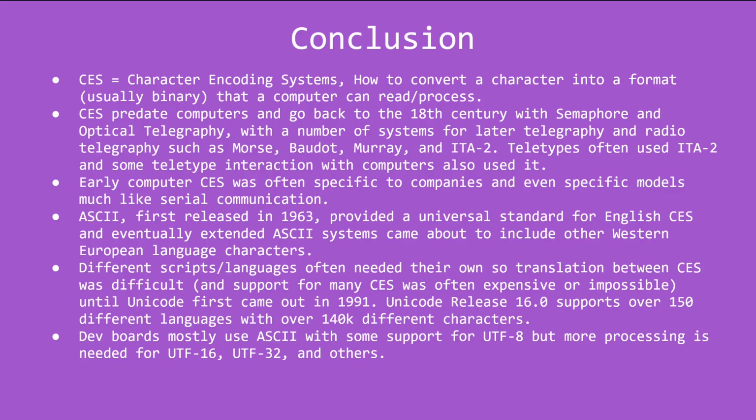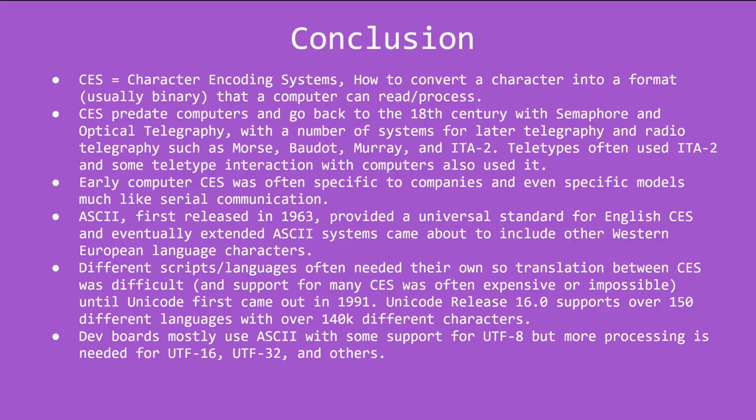Some systems like Latin 1 tried to at least add more characters for other Western European languages. Keep in mind, this still locked out most of the world, so they had to have something specific for them to communicate between the two. I mentioned how a lot of people learned English just for this reason.